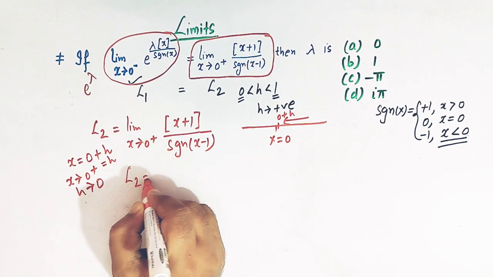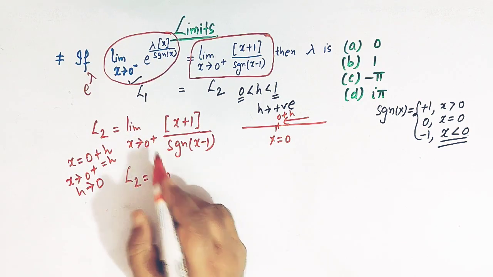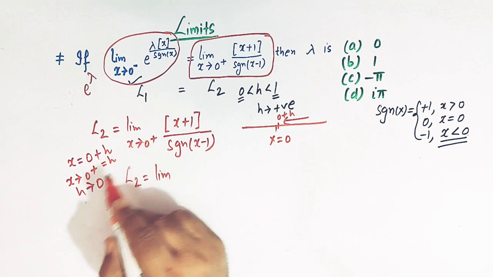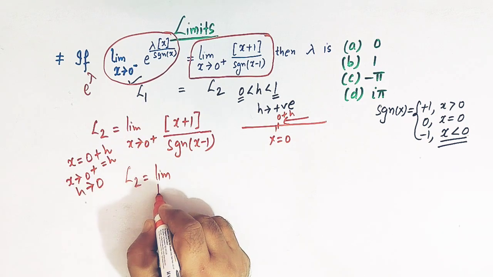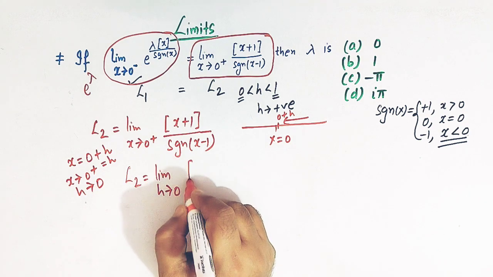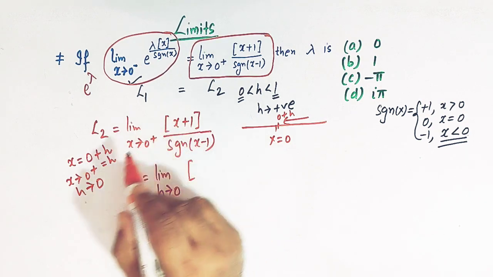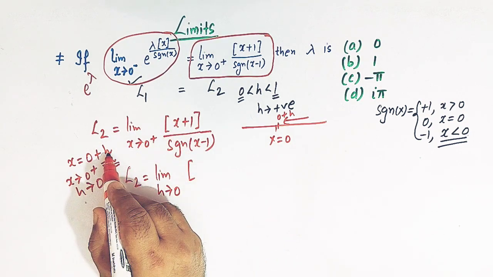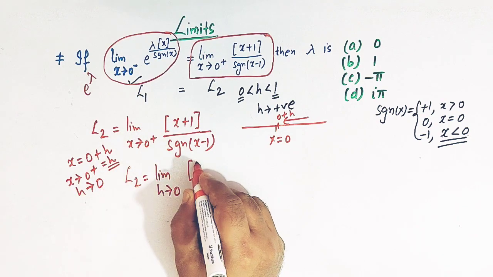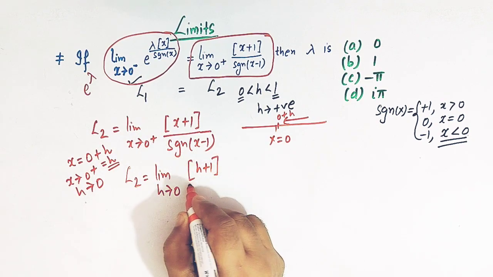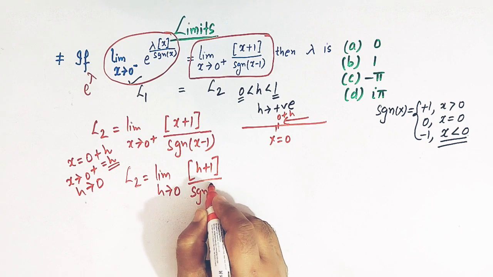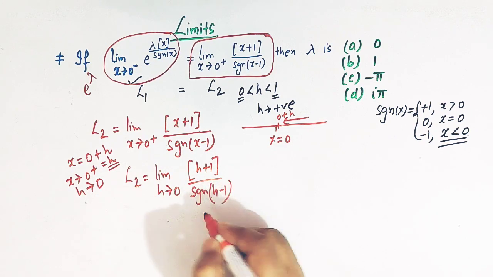Now we can rewrite this limit in terms of h. So we have L2 as the limit h tends to 0, and for x we can write 0 plus h, which is simply h. So we have greatest integer of h plus 1, and here we have signum of h minus 1.